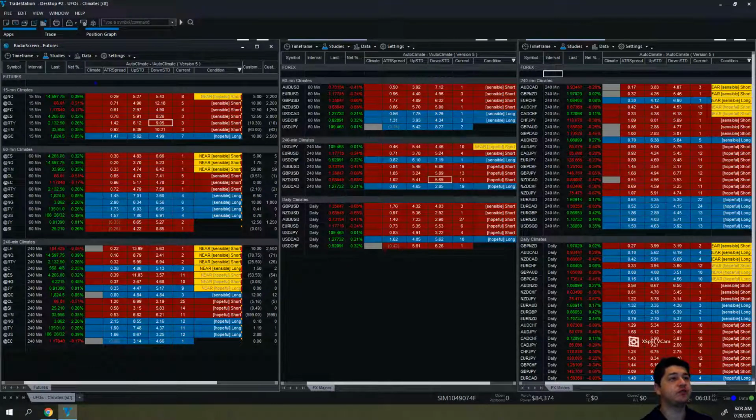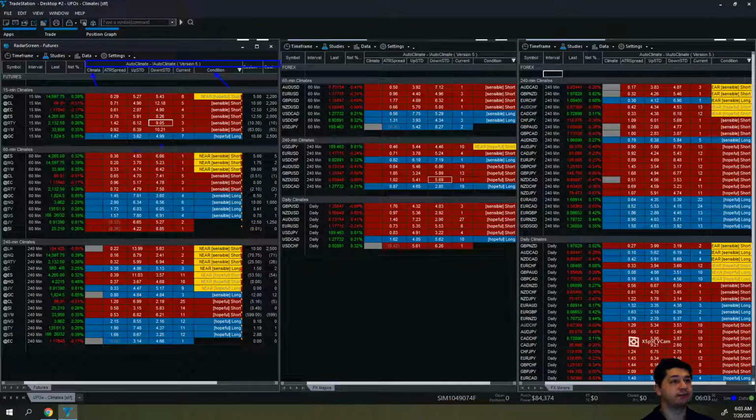The main two columns that we're looking at are the climate window, and then the condition. So those are the first two things that we need to look at before we look at any of the numbers here, because those are the ones that are going to give us whether or not price is even near for us to bother looking at it, right?